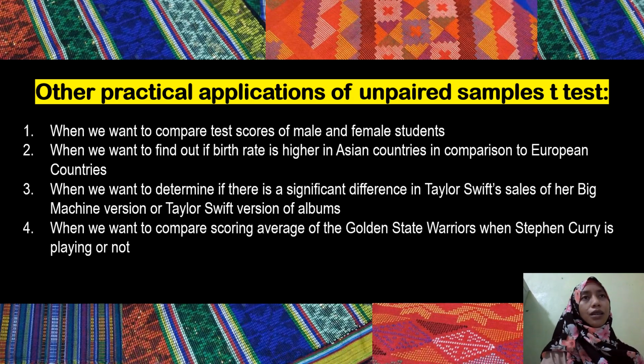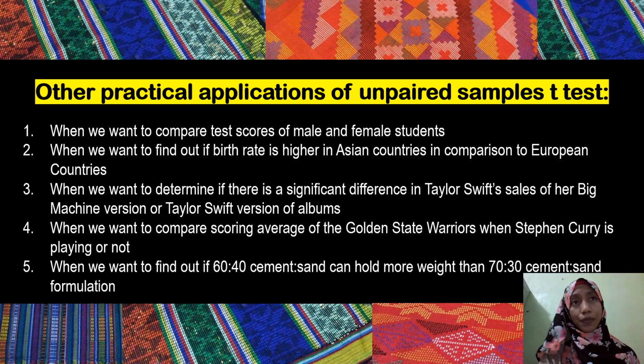And then when we want to compare the scoring average of the Golden State Warriors, for basketball fanatics, when Stephen Curry is playing or not. Does the Golden State Warriors have a higher score when Steph is out of the game or when he's inside of the game?